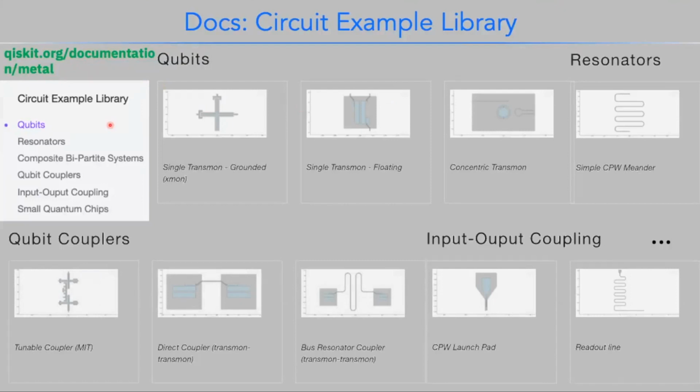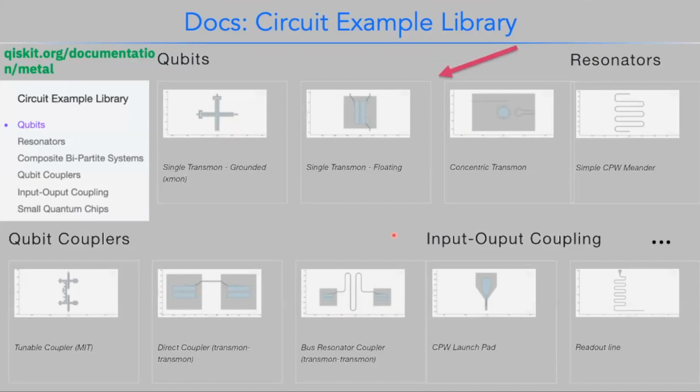And here there's a number of very nice examples of how, if you want to make a crossmon or an xmon, a single floating transmon, a concentric transmon, there's a number of different built-in components: CPW, coplanar waveguide meanders, tunable couplers, direct couplers between two qubits, resonant bus couplers between two qubits, launch pads, readout lines, and down the line, we're also hoping we will add 3D structures as well as these planar structures.